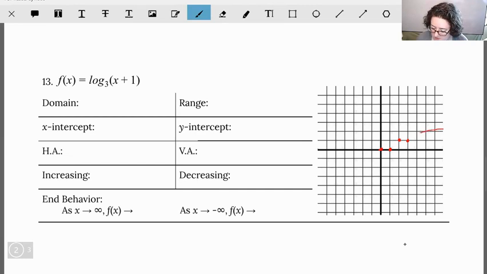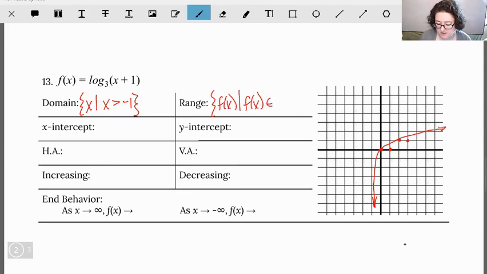So we'll come in here, we do cross the y-axis, but just like before, we're going to have to hug that next vertical line. So domain on this one, x is going to be greater than -1, because everything got moved over left 1. Range is still all reals, goes all the way down, all the way up. So f of x is in the set of all reals.